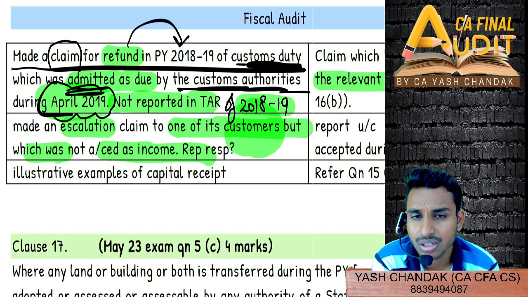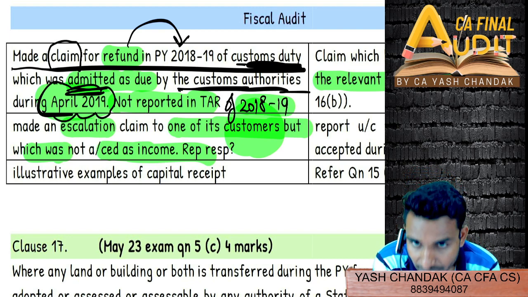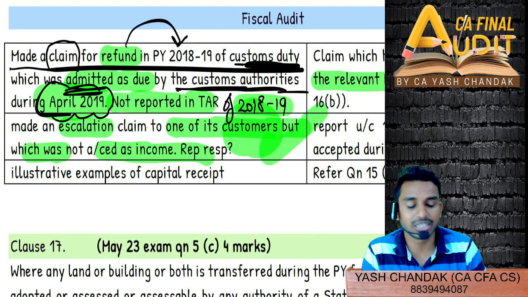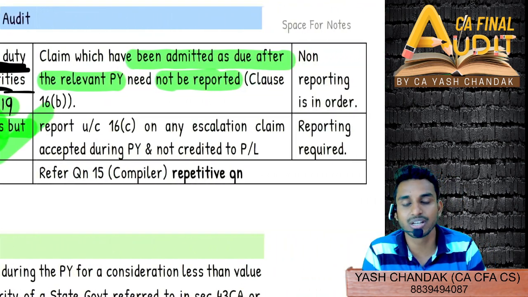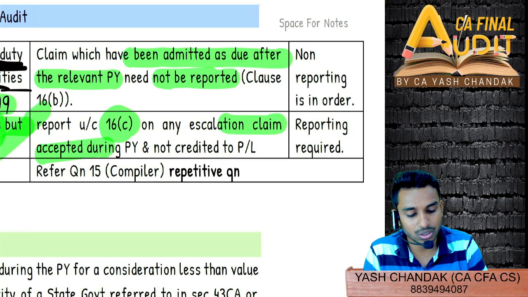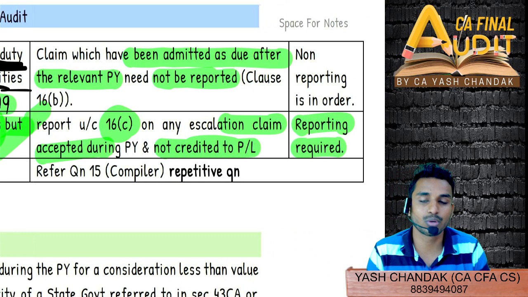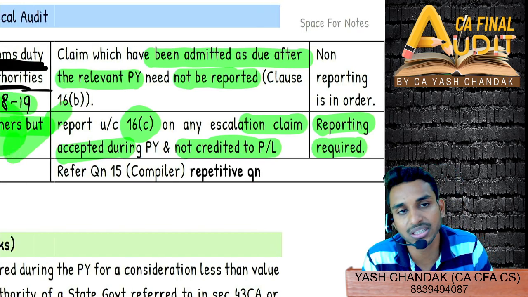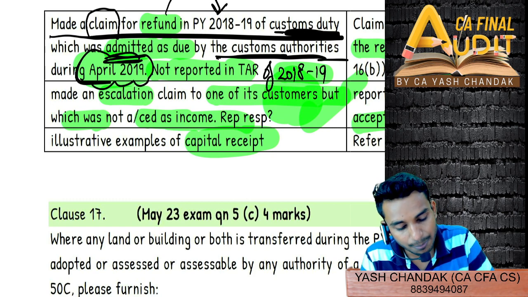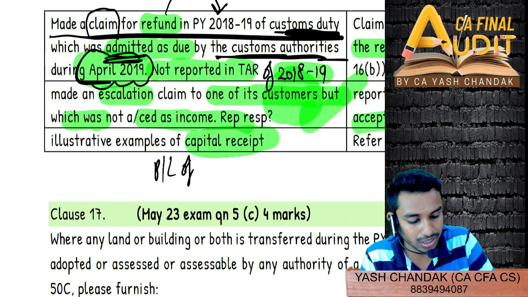When the customer has accepted the escalation claim, right? So you'll have to give a judgmental answer. If the customers have accepted the claim, we'll report it under clause 16 sub clause C. Any escalation claim accepted during the previous year and not credited, so reporting is required, assuming that customers have accepted the escalation claims. Capital receipts, I gave you some illustrative examples. Profit and loss on sale of investment.